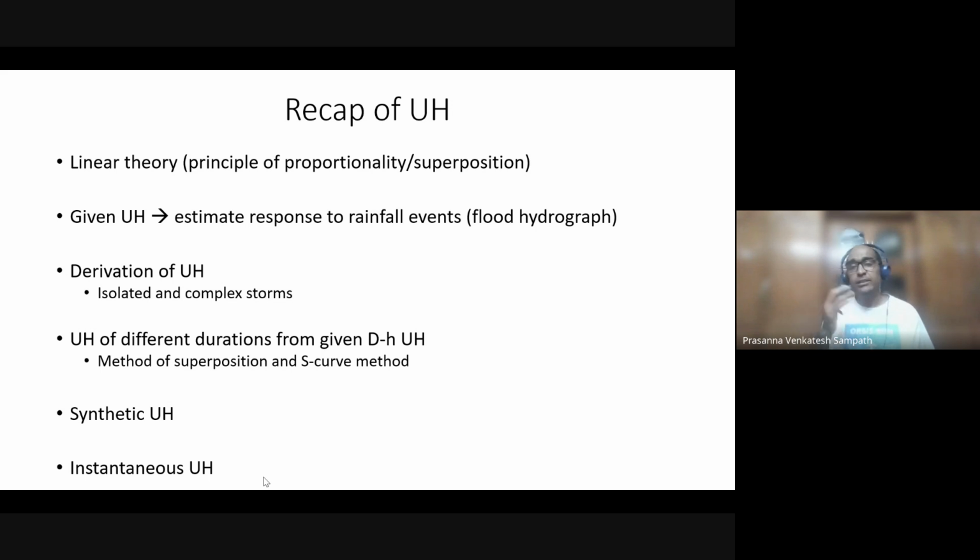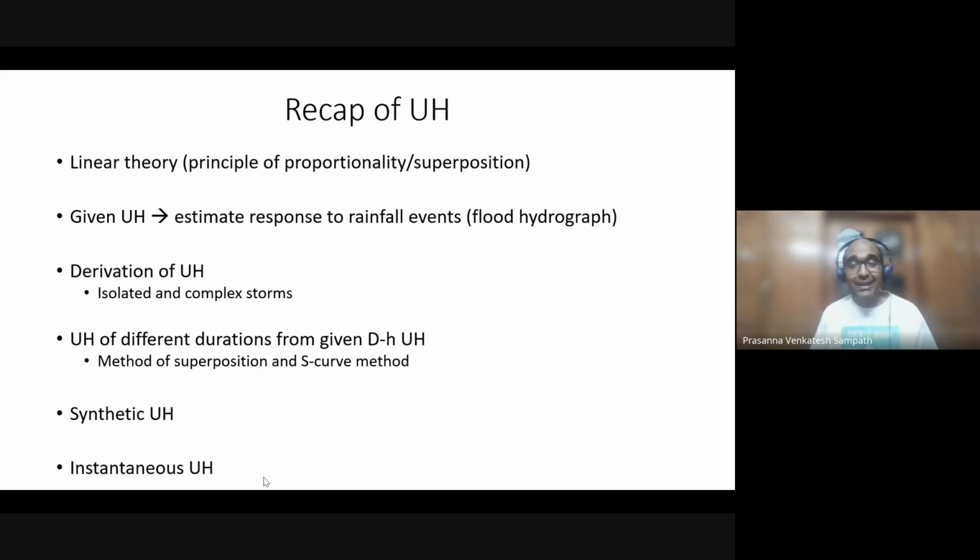If I have 1 centimeter of rainfall, my response is x, let us say. If I have 2 centimeters of rainfall, my response will be 2 times x. That is the principle of proportionality. For 2.5 centimeters it is 2.5x.